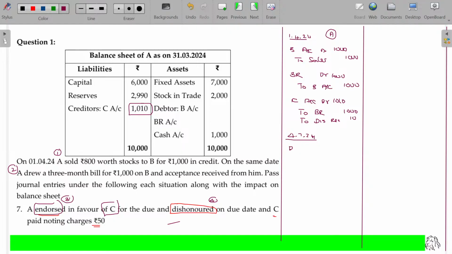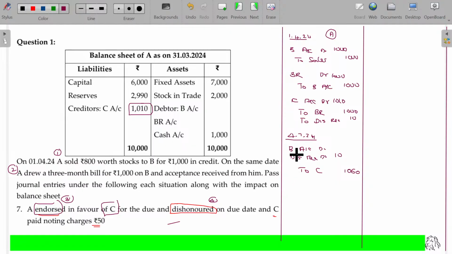Now it's B's responsibility to make the payment. Again, B becomes my debtor. And I have to pay back to C. How much do I have to pay to C? 1060, because the discount received is also to be reversed.